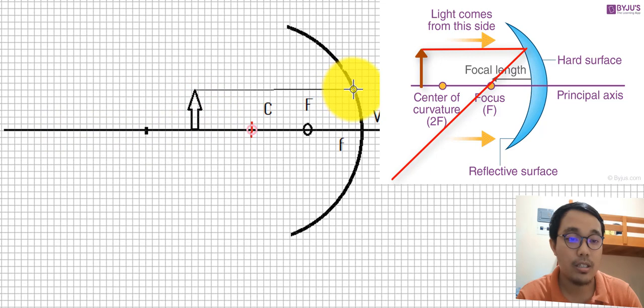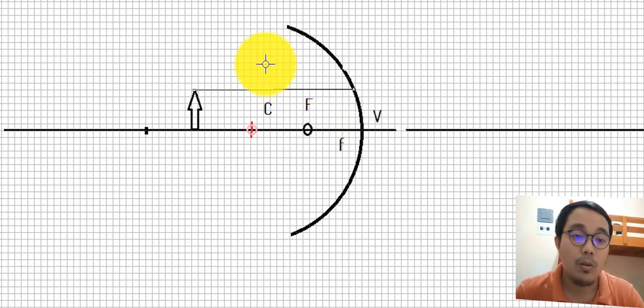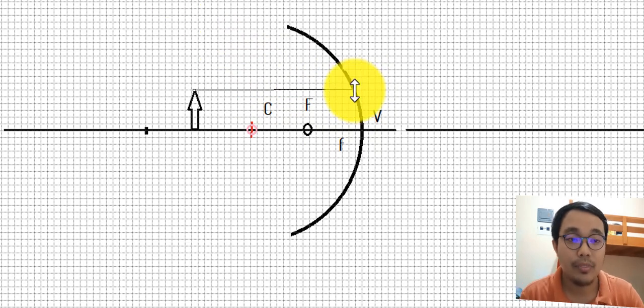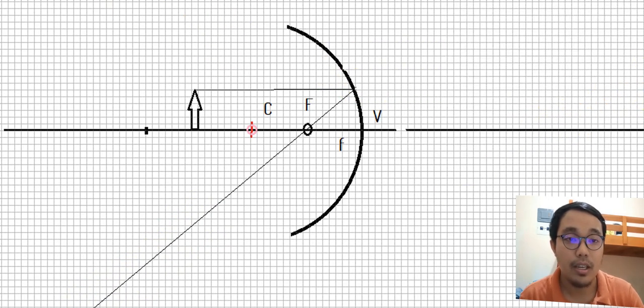When it hits the mirror, that ray will reflect, of course. Where will it reflect the light? So this one will reflect at F there. That's our F. Let's extend it. That's the first ray.